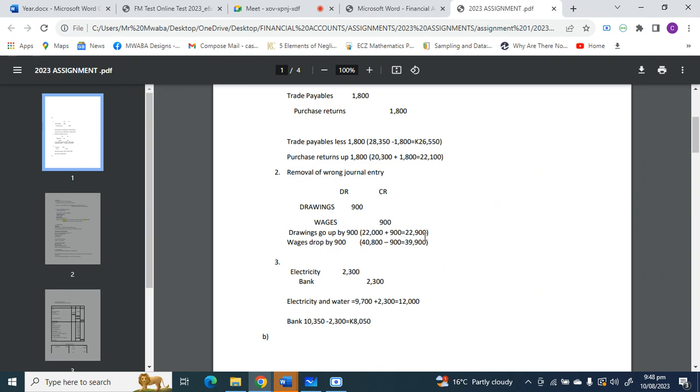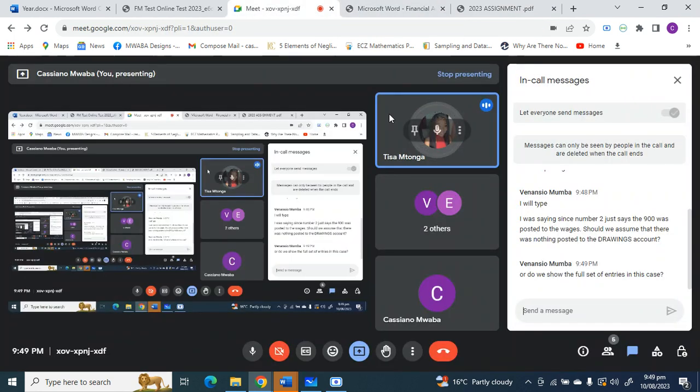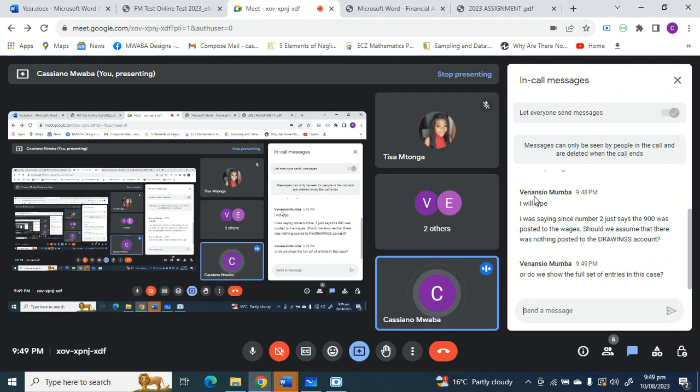Any questions? Or do we show the full set of entries? Since number two just says there was 900, should we assume that there was nothing posted to the drawings account? Yes, nothing was posted to the drawings account. It was posted to the wages account instead.